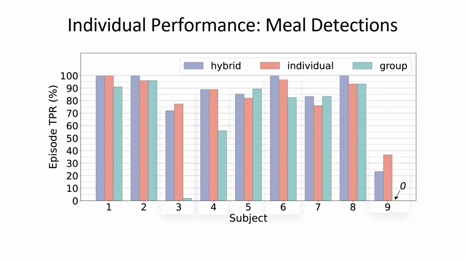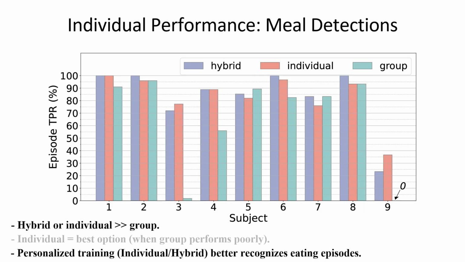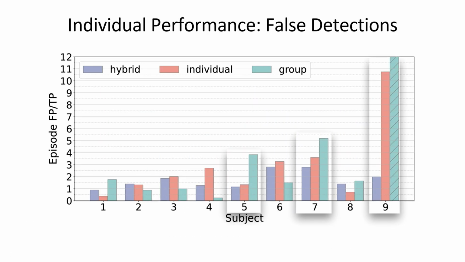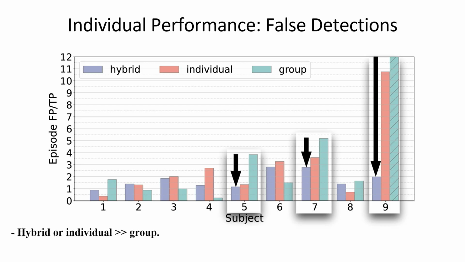For the episode metrics, we can see similar results. We also looked at the false alarm frequencies, and it shows that the hybrid or individual model can also obviously decrease the false alarms detected.